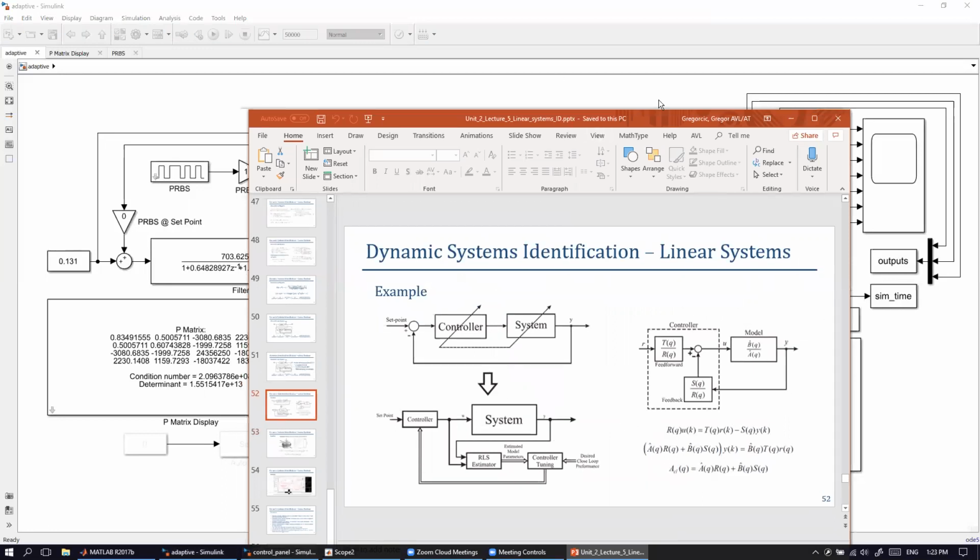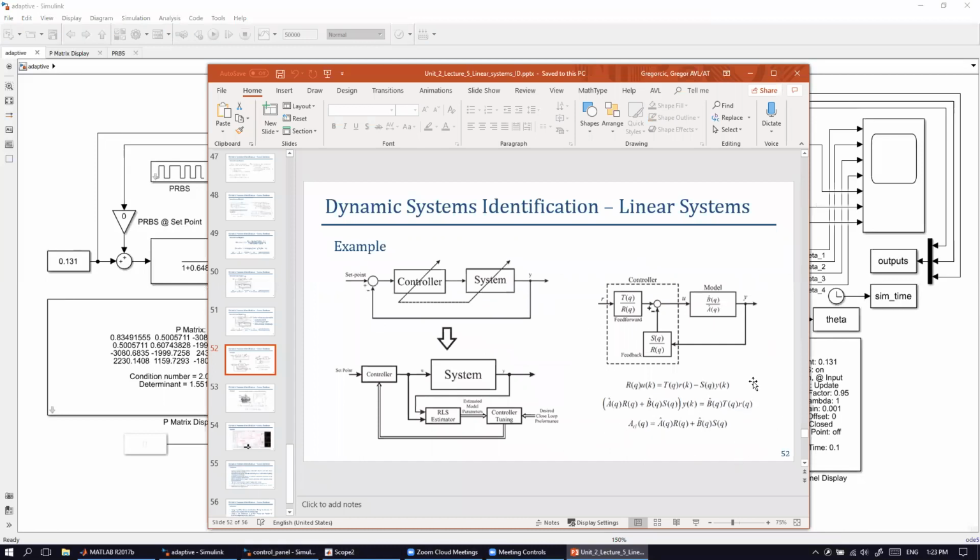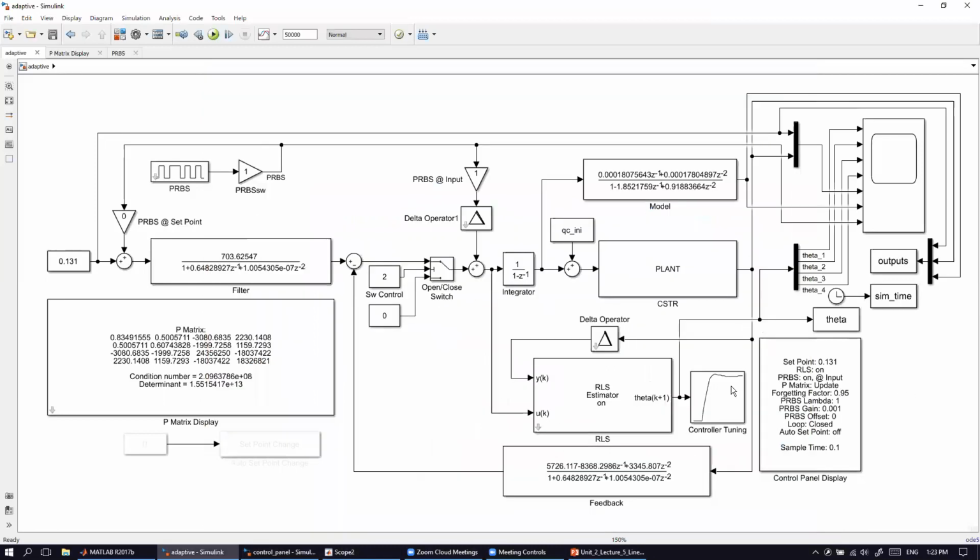This set of equations is implemented in this controller tuning box. And then the parameters from this controller tuning box are transferred to the feedback and feed-forward part of the controller, right?